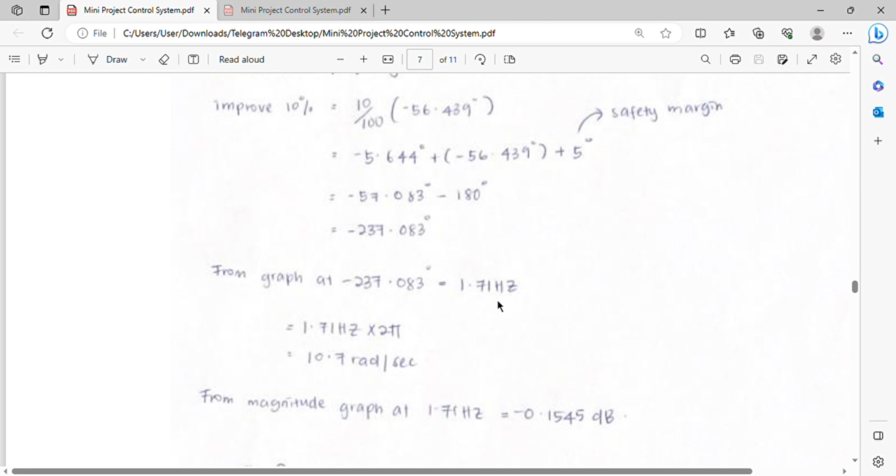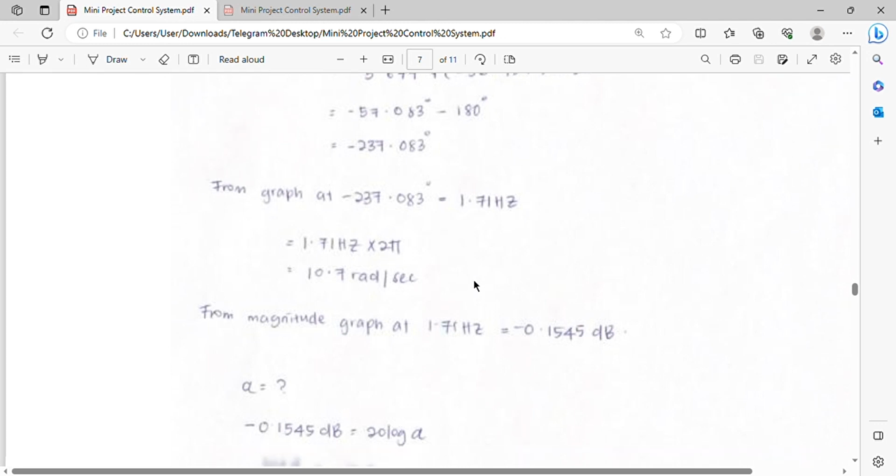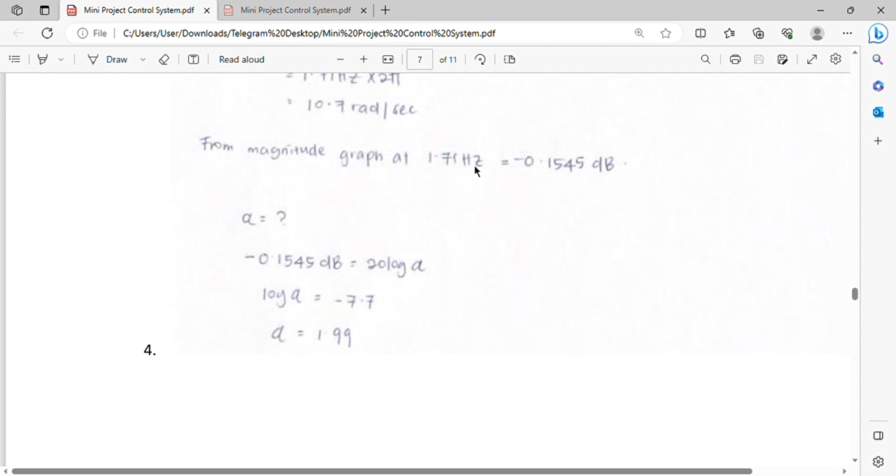We need to convert 1.71 Hz to radian, so we multiply by 2 pi, and then we got 10.7 rad per second.